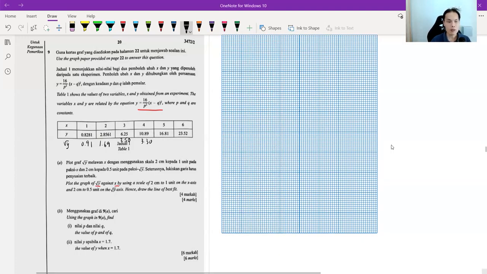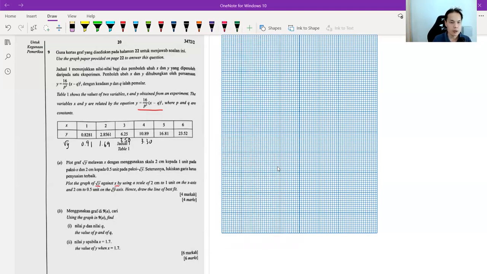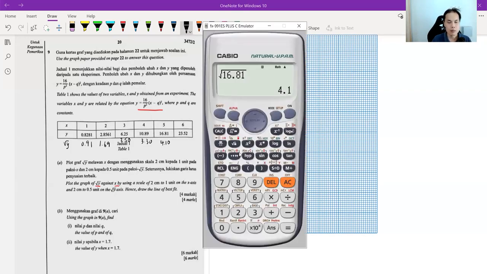Okay, the next one, number 5, I take square root 16.81. This will give us 4.10. Okay, and lastly, square root of 23.52. There you go. You will get 4.85.